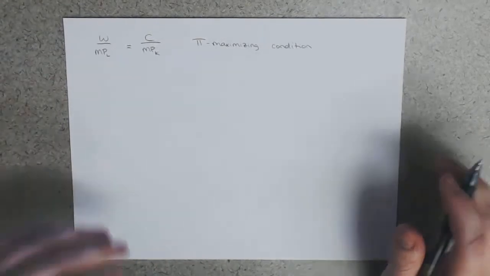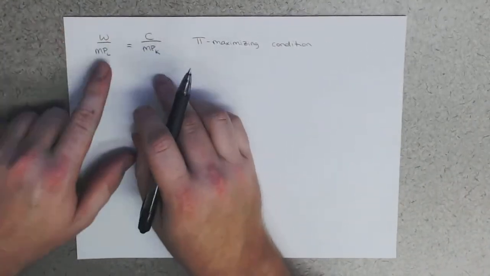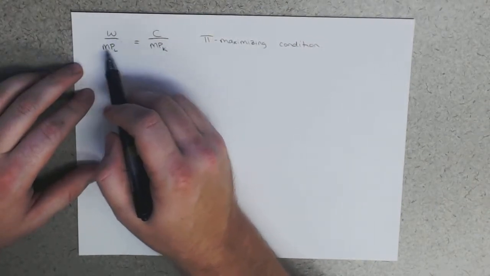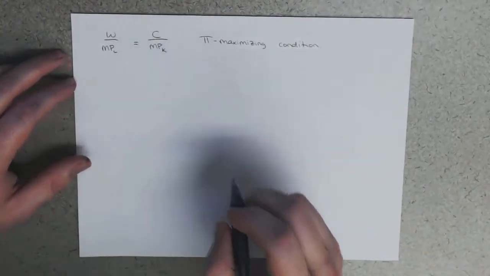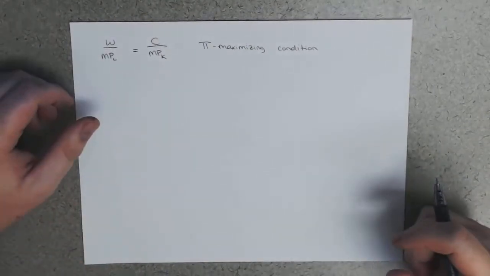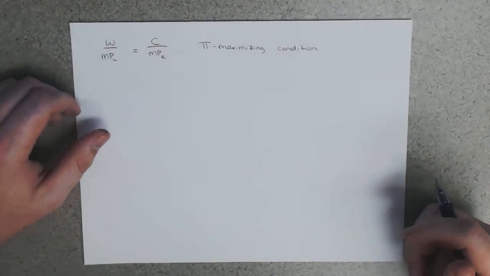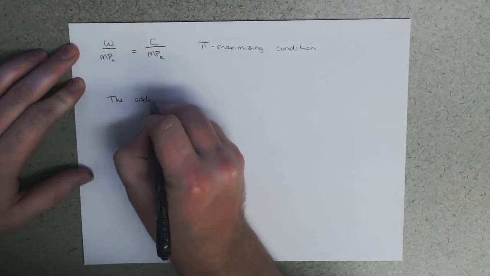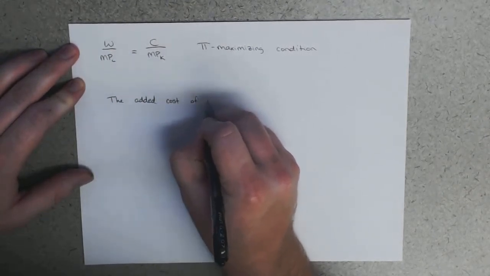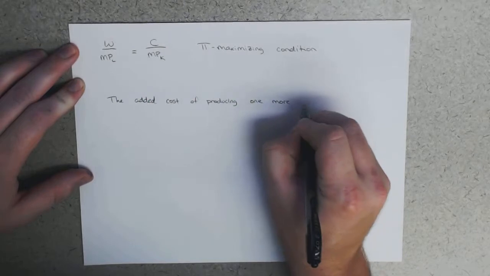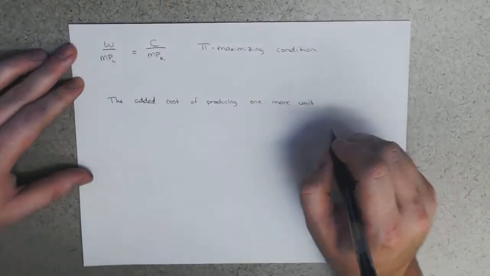Okay, what it's saying is, if you think about it, let's look at the left-hand side. So wage, so the cost of adding one more unit of labor, divided by the marginal productivity of that additional unit. This is basically saying that this side here is the added cost of producing one more unit by increasing labor.